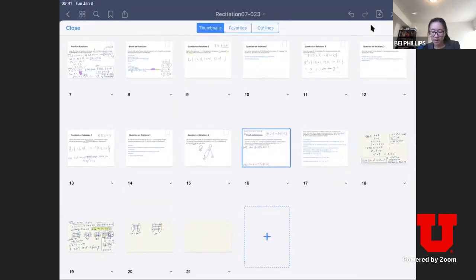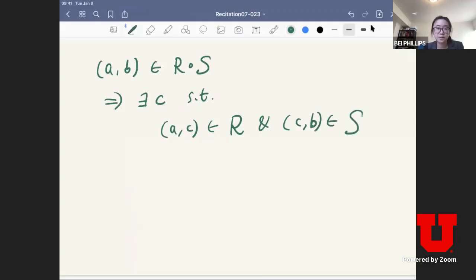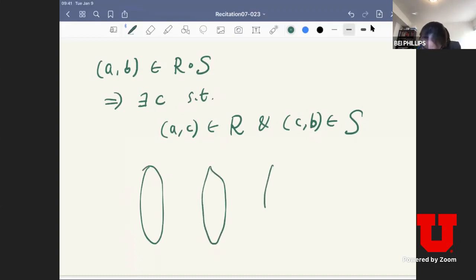I'm going to add one more slide, just to review the composition of relations. If AB belongs to the composition of the relations R and S, this means there exists an element C such that A and C belongs to relation R, and C and B belongs to relation S. If I think about an arrow diagram, this is what I have.